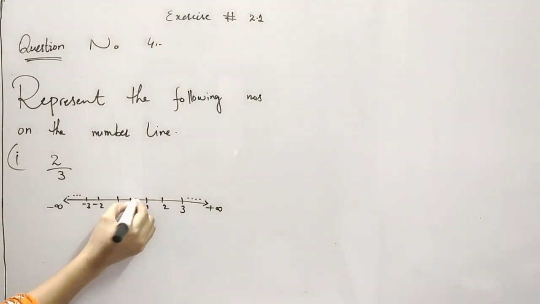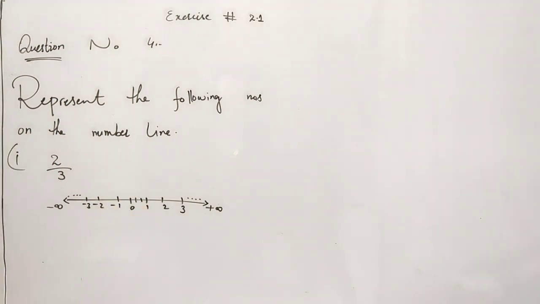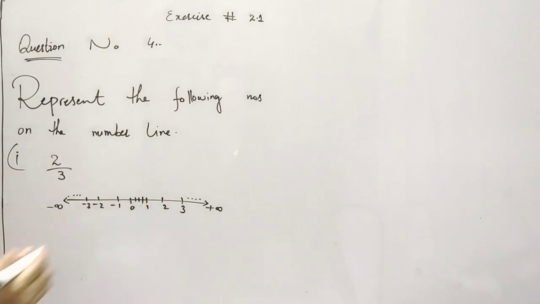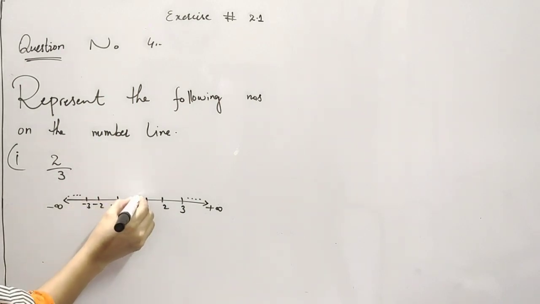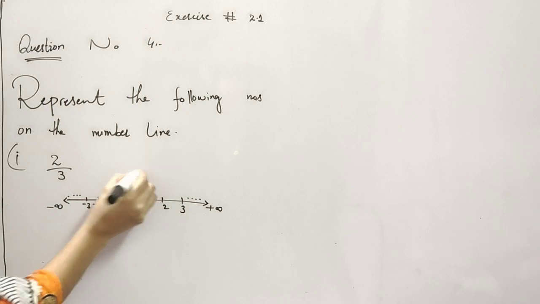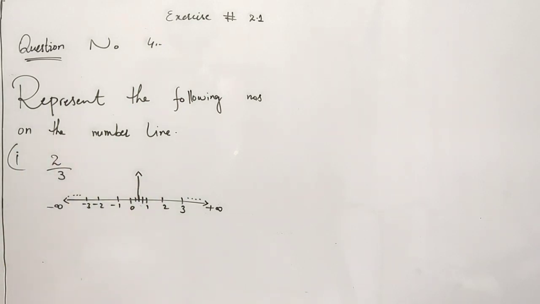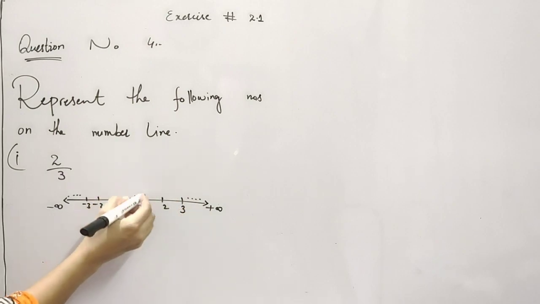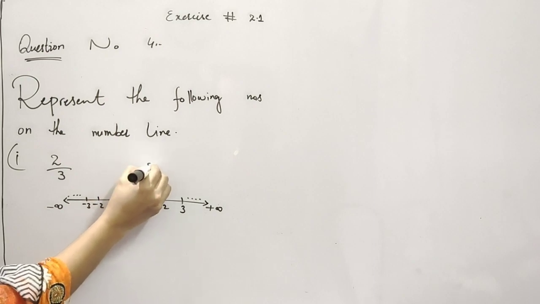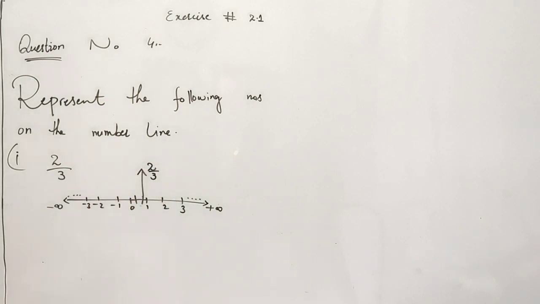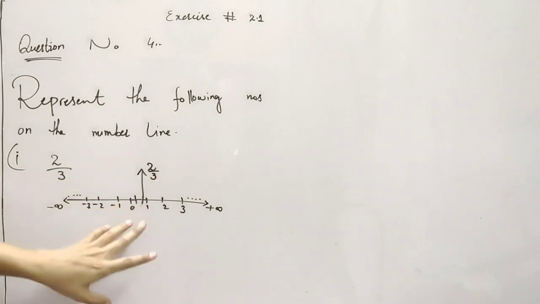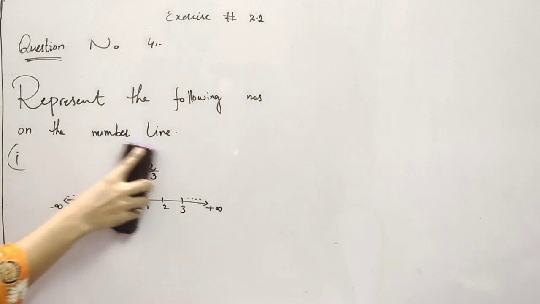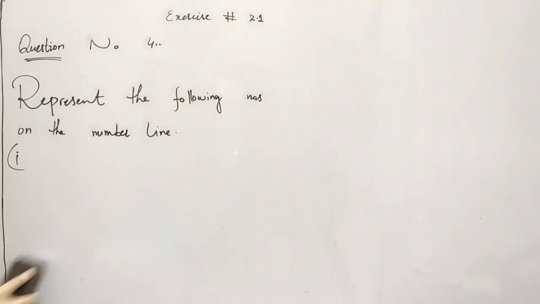This is 0 and this is 1. Divide into 3 equal parts and take only 2, and here 2 by 3 is located. So we can say that 2 by 3 lies between 0 and 1. This is a representation of 2 by 3 on the number line.